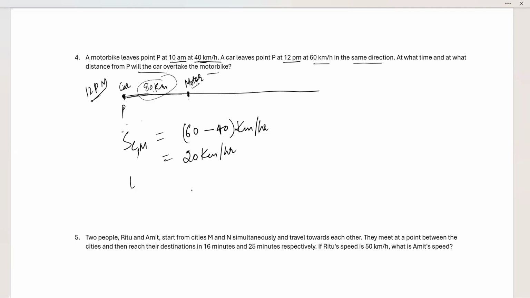So the time to overtake is equal to 80 kilometers by 20 kilometer per hour, which is 4 hours. So this is after, what time will they meet? 4 hours from 12 p.m. So they'll meet at 4 p.m.